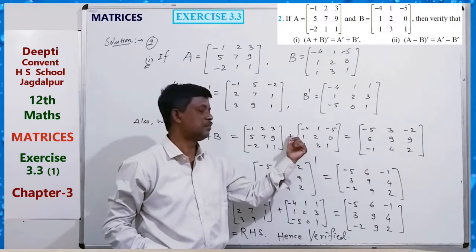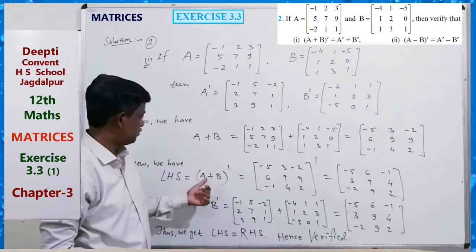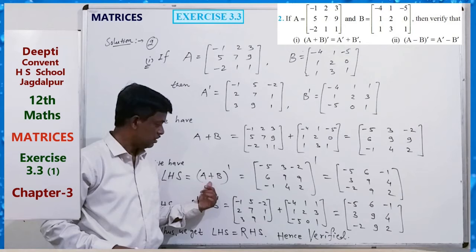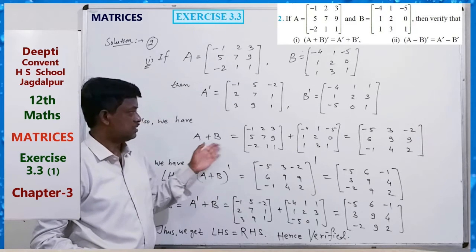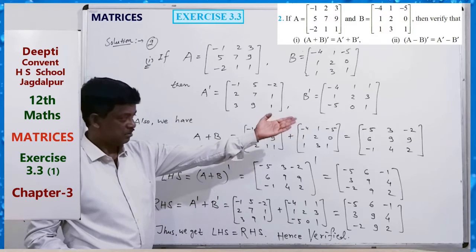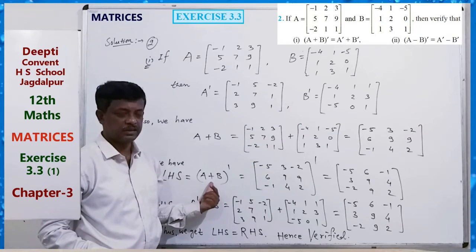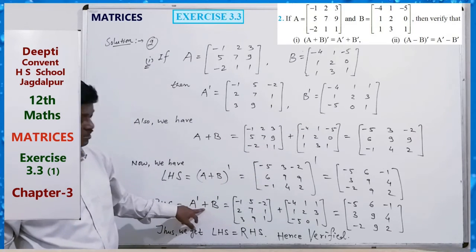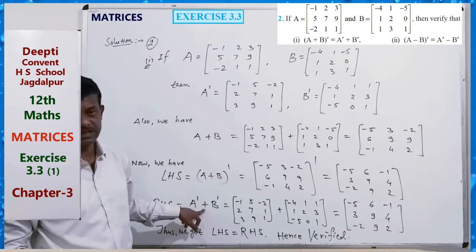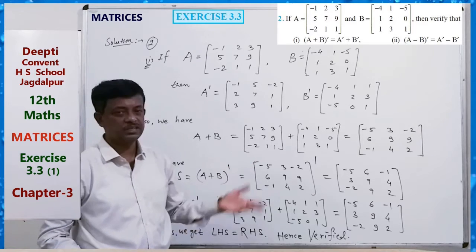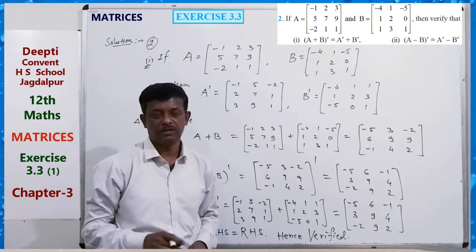Here I am taking the minus sign, and the result should be transposed taking the minus sign. And here also just subtract A dash minus B dash. Then you can see that both are equal.